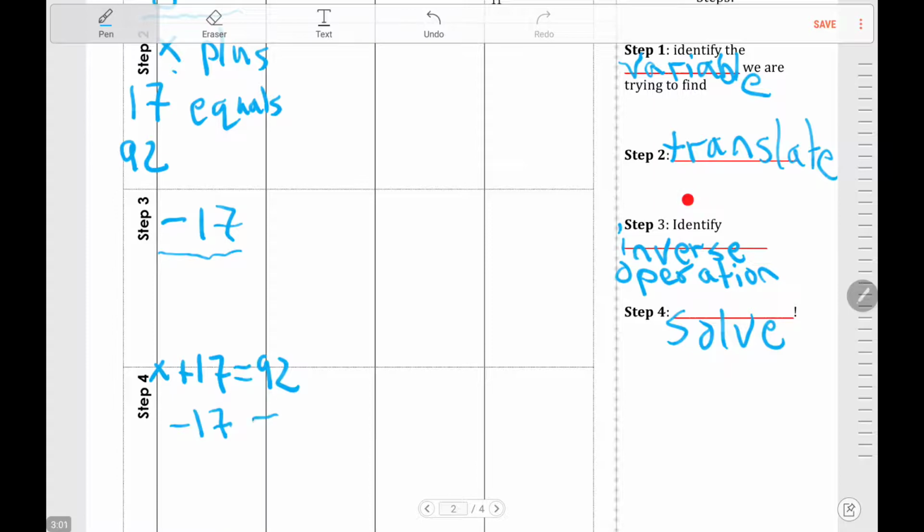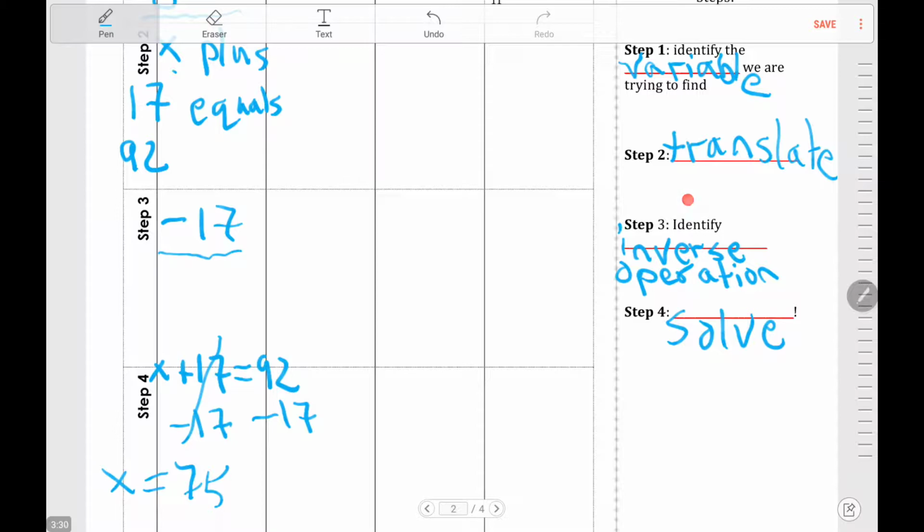We have to do that to both sides. And that gives us... So because we did the inverse, this cancels out. This is gone. And now we have x equals 92 minus 17. What's that? 92 minus 10 is 82. And then minus 7 is 75. Okay, that's all through the power of inverse operations.